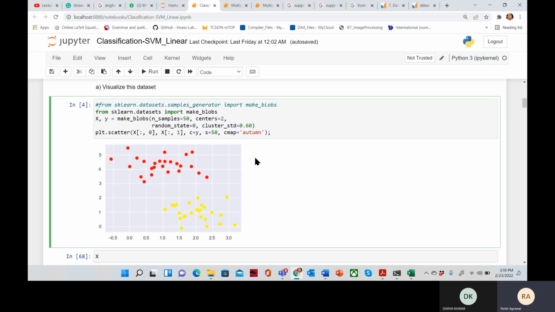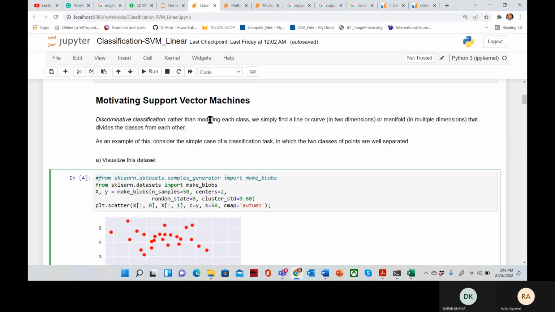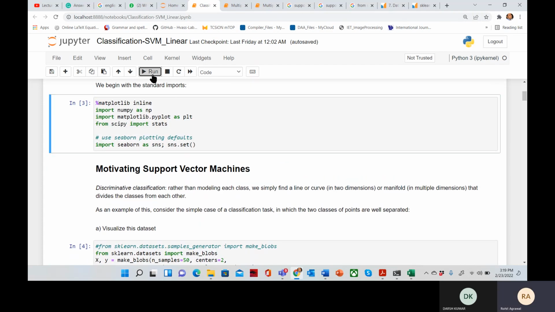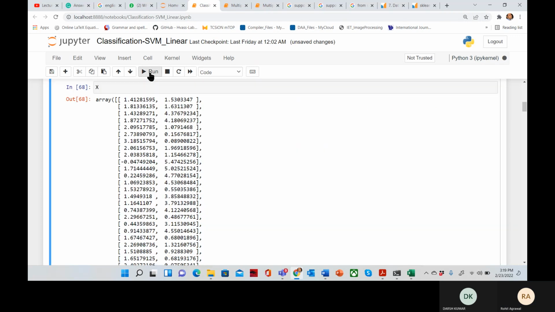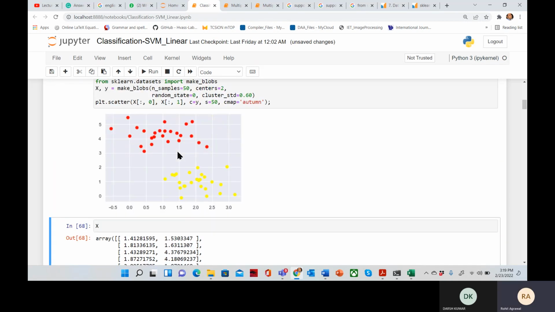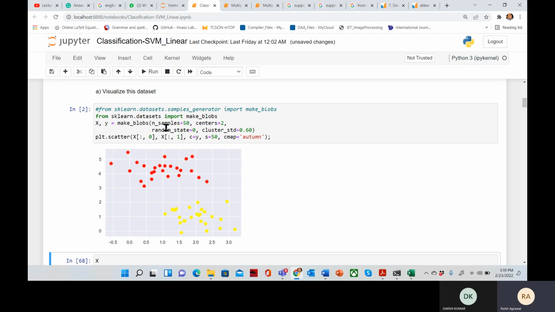We are taking 50 samples, and we are taking centers equal to 2. What does it mean? Just a minute. Okay, we have started from here, and I will show you this. See, I have taken 50 samples. So you can see there are 50 samples. If you count these small circles, these are 50 in number.